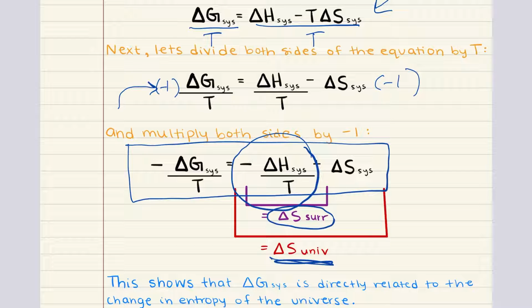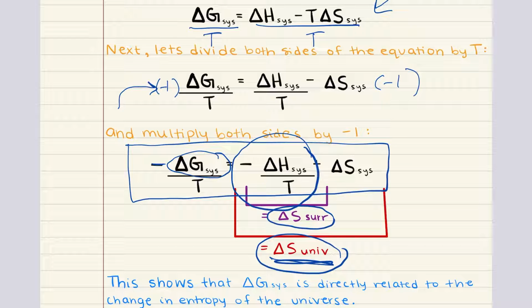So ultimately, this version of the equation tells us that the negative change in Gibbs free energy of the system divided by temperature is equal to the change in entropy of the universe. This derivation is significant because it connects delta G directly to the total entropy change of the universe.